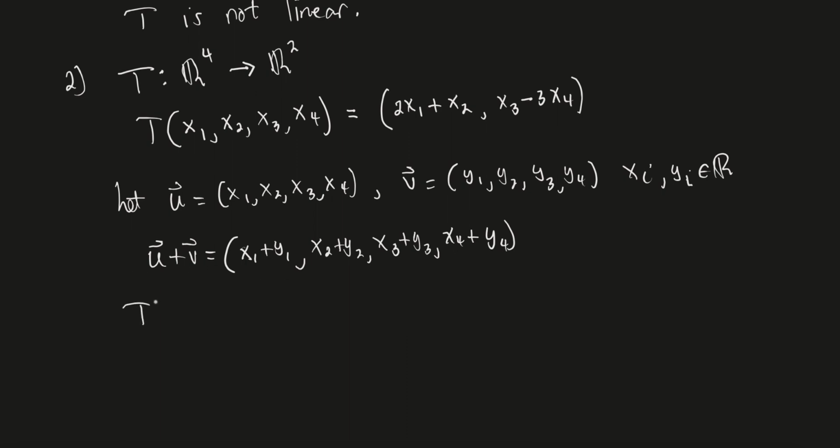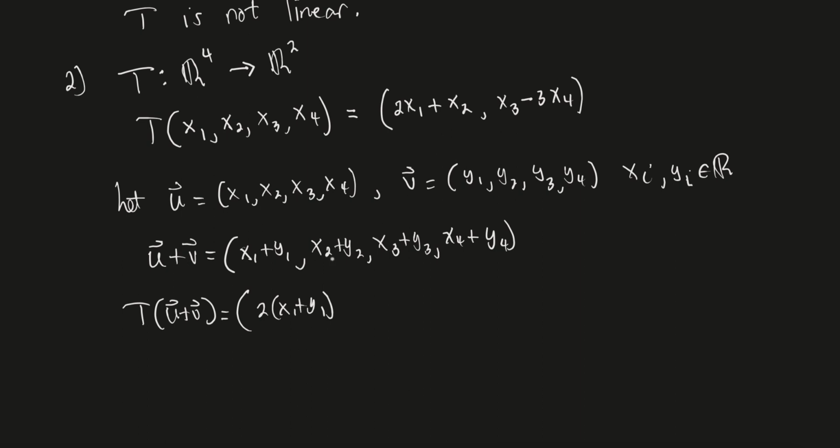Okay, let's take the transform of the sum. If I try to find the image of the sum of these two vectors, u plus v, well, look at what it says. It says take your first component, double it. So I need to double this. So 2 times (x1 plus y1), and then add the second component.